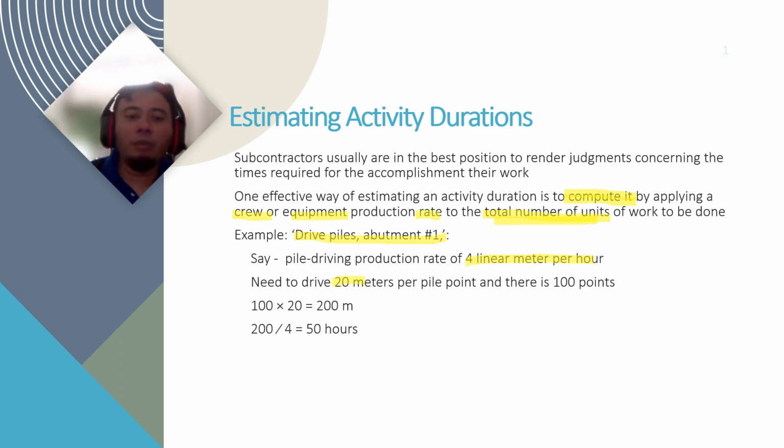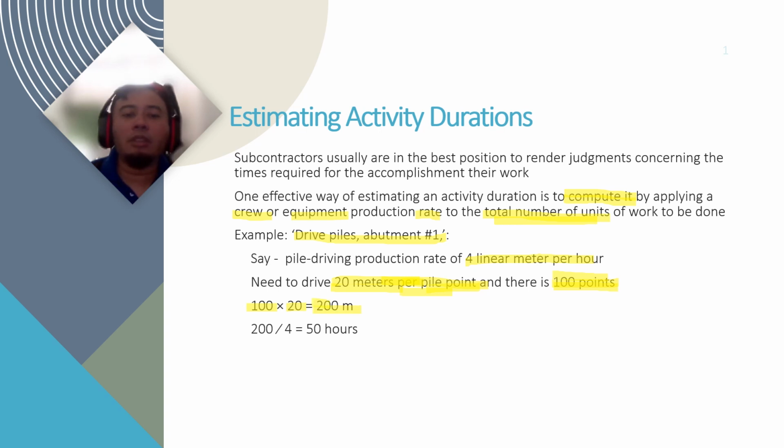You need to drive 20 meters per pile point. This is what the contract, the BQ, says, and there are 100 points. So you have 100 points of pile to be driven, and each point needs to be driven 20 meters.